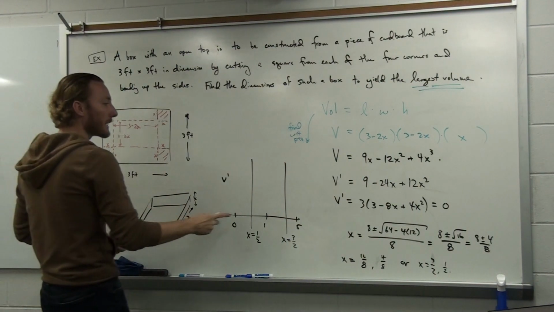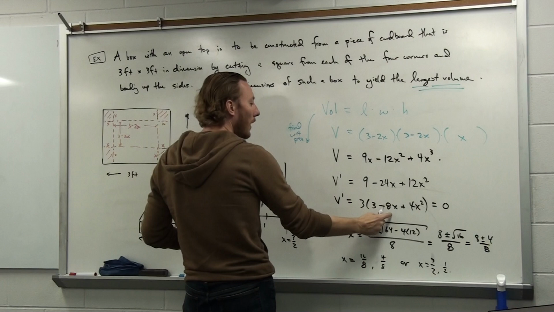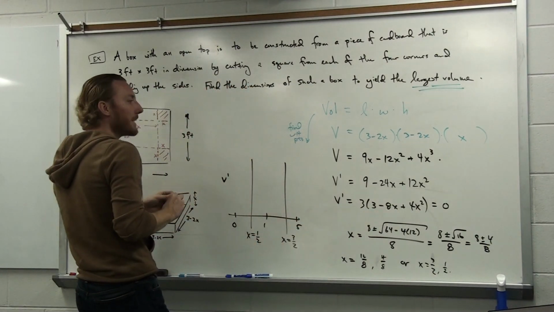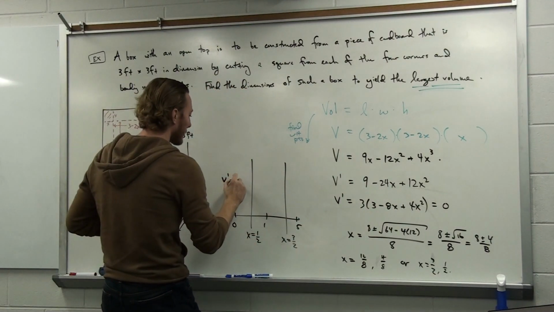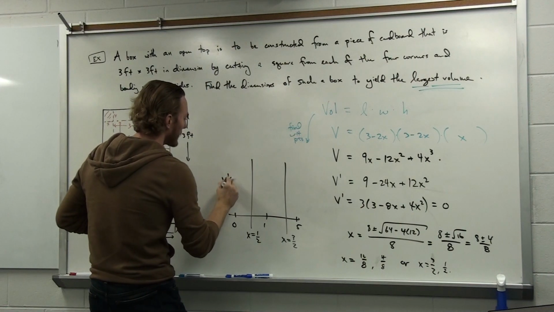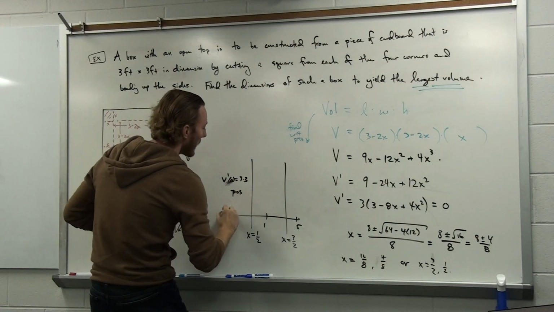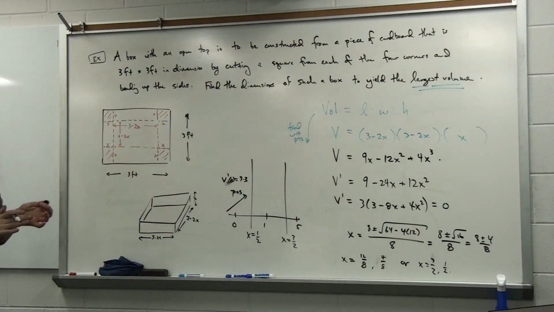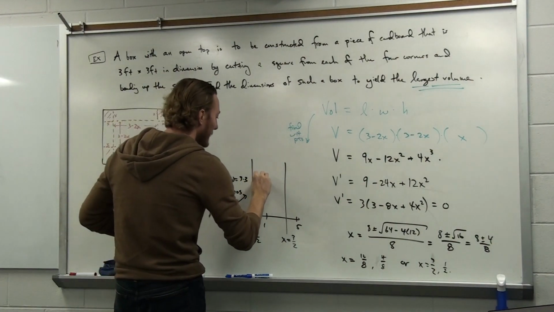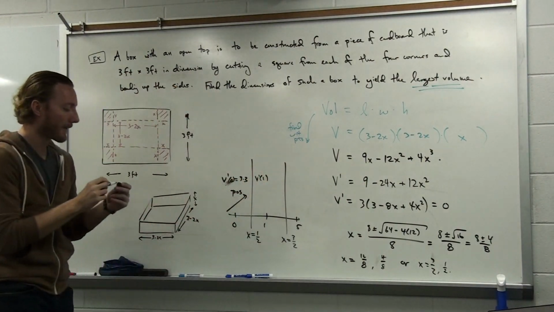Plug in 0 to our v prime function. What do you get? We'll get 3 times 3. V prime of 0 is 3 times 3. Well, that's positive, and the function's going uphill. So it feels like x equals 1/2 might be a maximum point, but to verify this, we're going to have to compute what the slope is between 1/2 and 3 halves.